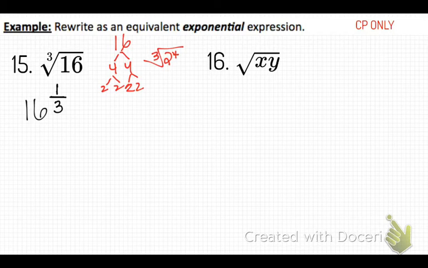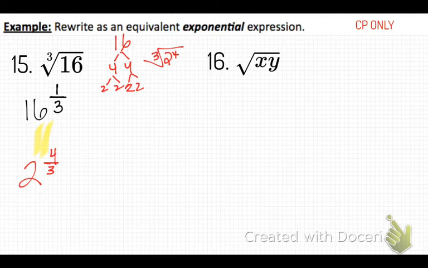Because 16 is 2 to the 4th power. So if I wanted to do that in red, what is the base for my red problem? What's the big number inside? 2. Good. Okay, what is the root? What goes on the bottom? And what is the power up on the top? 4. So these are equivalent. Okay. Either of those is right for this one.